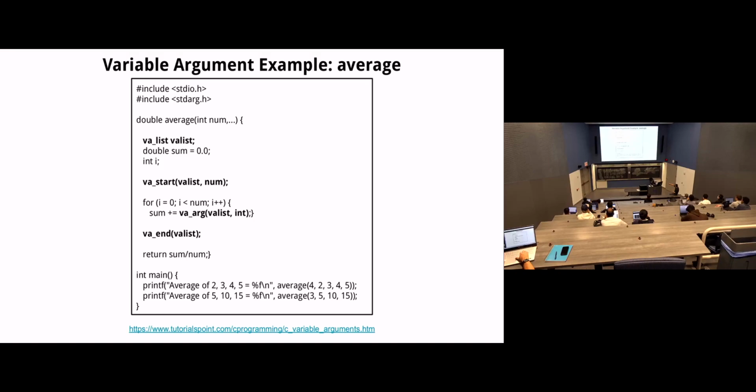In the second line, we call the average function again, but this time we're just getting the average of 3 integers, so we pass 3 and then those 3 concrete integer values. So you can see that this is one function, but the first time it takes 5 arguments, the second time it takes 4 arguments.